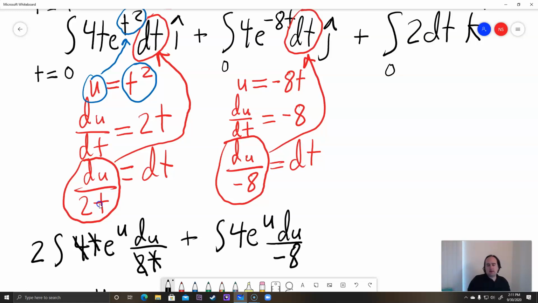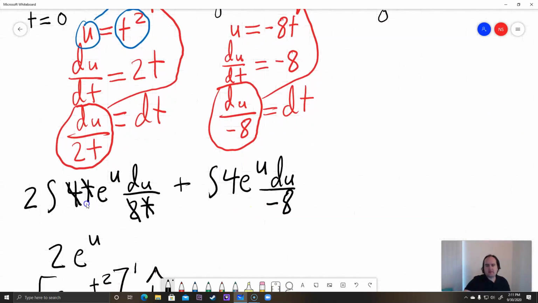Okay, and then we can cancel out the 4 and the negative 8, and we're going to be left with a negative 2 on the bottom. So we're going to have a negative 1/2. So crossing out the 4 and the negative 8, we're going to have a negative 2 down here.